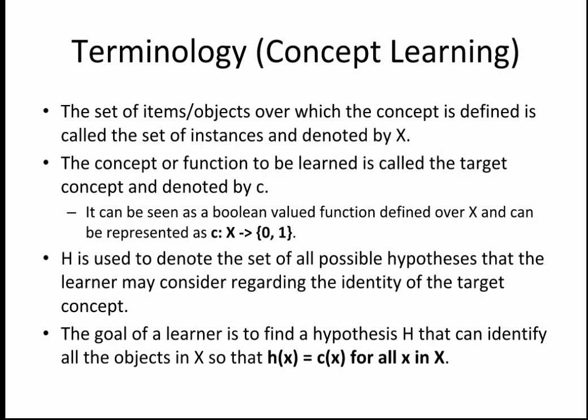When we apply the function that we refer to as our hypothesis, it should give the same value that the actual function gives when applied to that particular example. This is our goal, so that we find the hypothesis that works similar to our target concept.